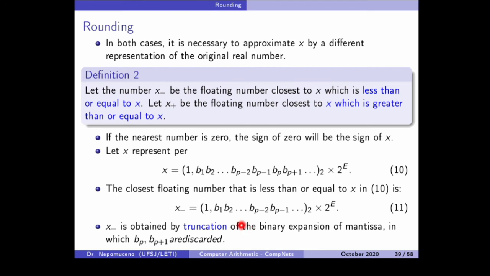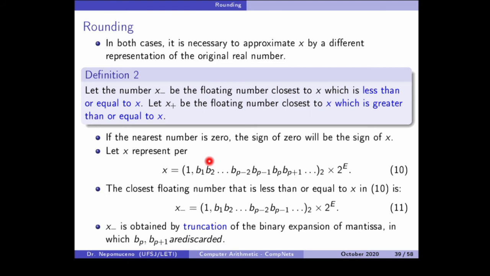In both cases, it's necessary to approximate x by a different representation of the original real number, right? So, in this situation, you cannot use the precise number. So what's going on in this situation? Let the number x minus be the floating number closest to x, which is less than or equal to x.